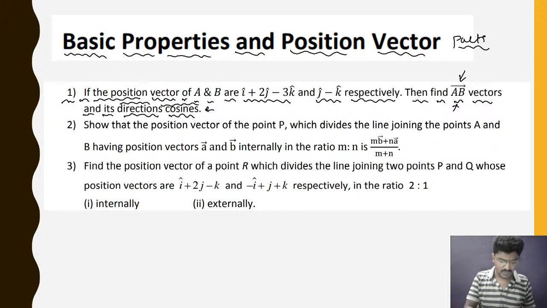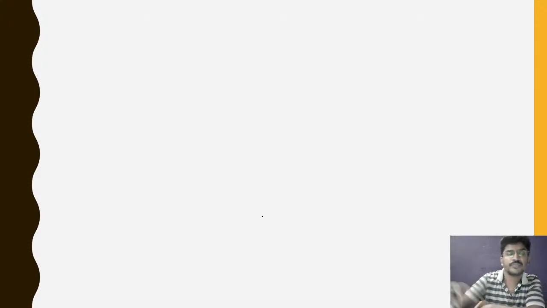Here the given vector is i cap plus j cap plus k cap. So this is problem number 1 for today's class. What are the given vectors? The given vectors are i cap plus 2j cap minus 3k cap and j cap minus k cap.